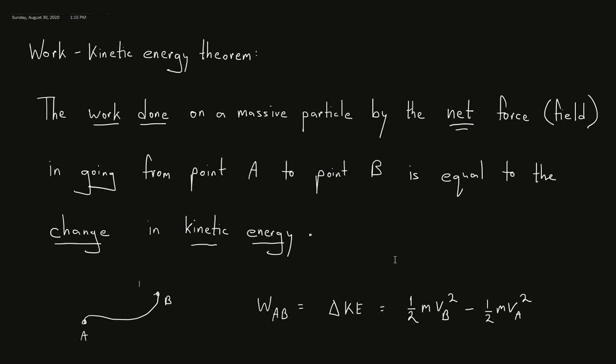Also notice that the work done may depend on the path you take. There are interesting cases where work done does not depend on path. We shall look at those in the next lecture. But in general, if you go from point A to point B along some path, then the work done by the net force acting on the particle is equal to the change in kinetic energy.